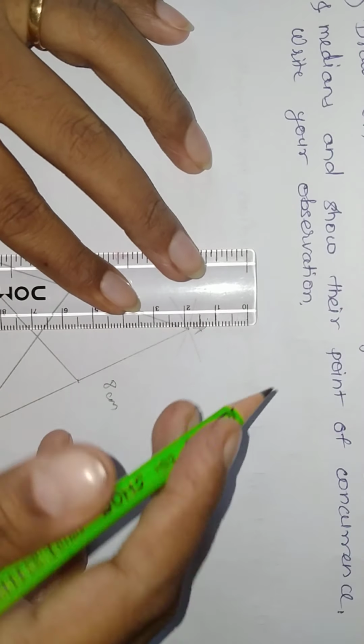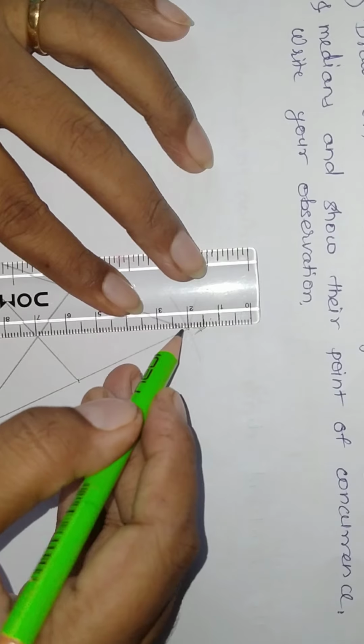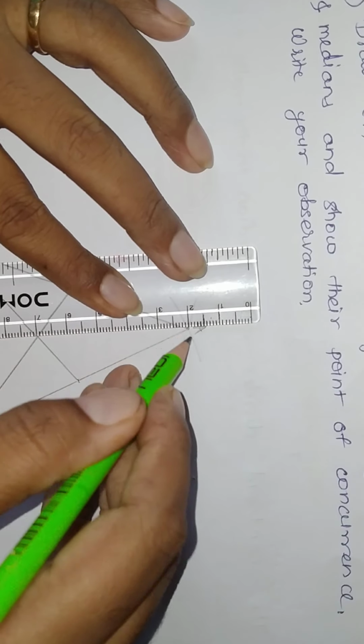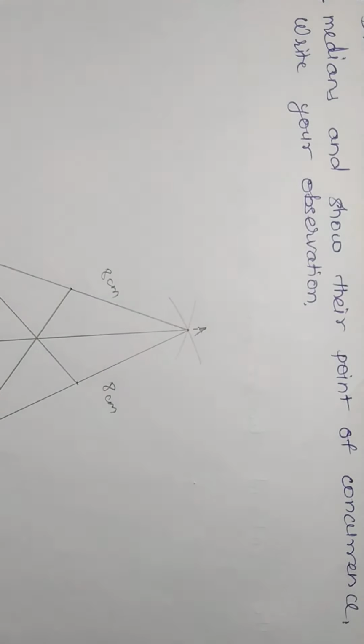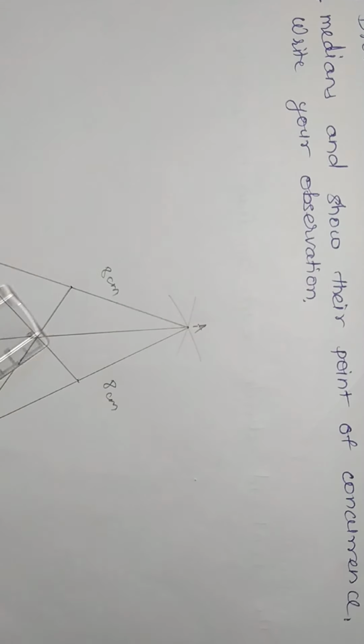Both altitudes and medians you have to show in one triangle only, therefore here we are using this method directly.